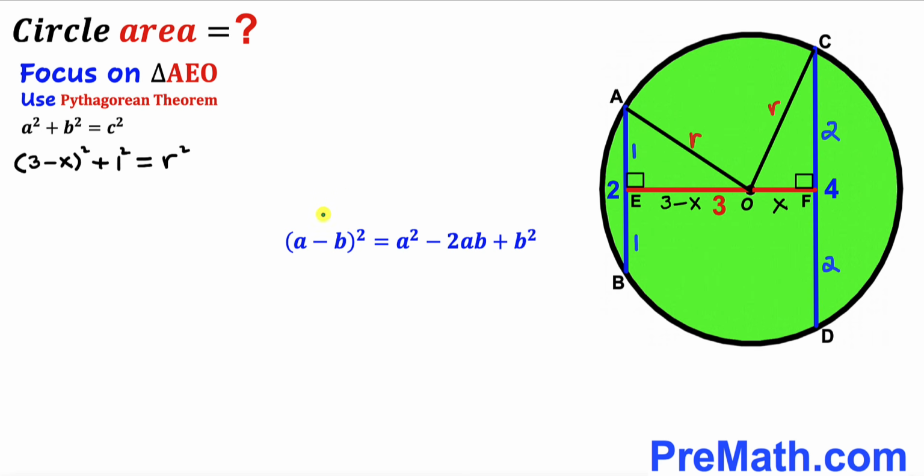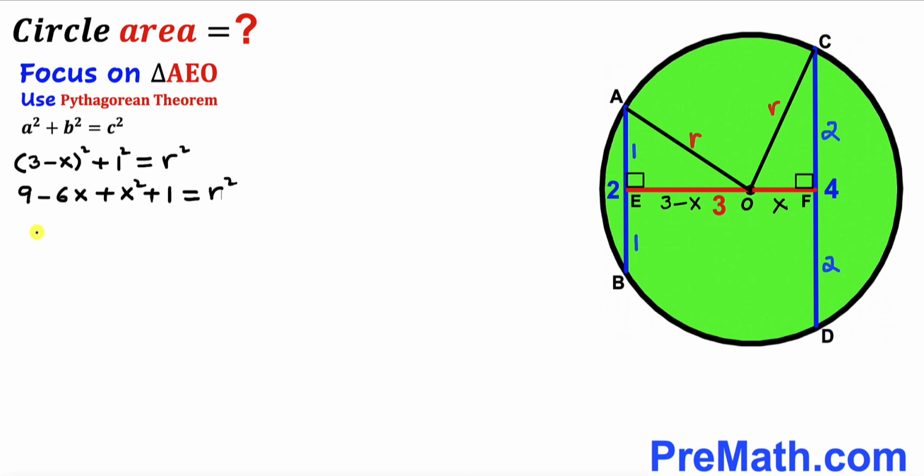Let's recall this famous identity: (a minus b) whole square equals a square minus 2ab plus b square. Applying it, we can write 9 minus 6x plus x square plus 1 equals r square. Combining like terms, r square equals x square minus 6x plus 10. I'm going to label this as equation number 1.